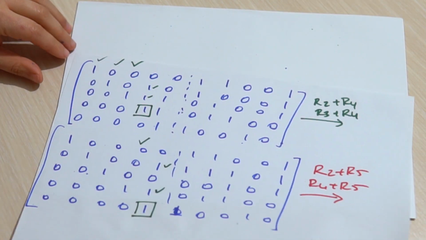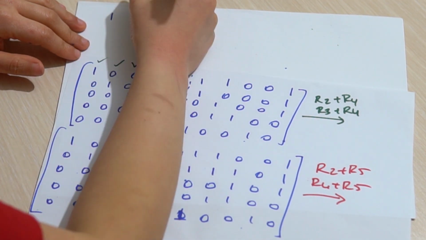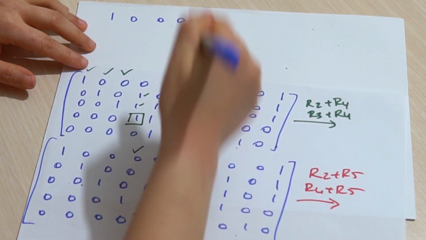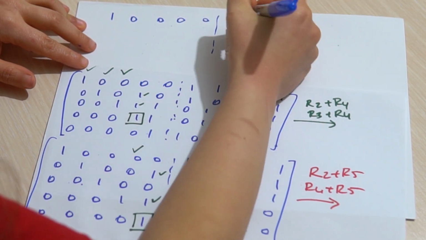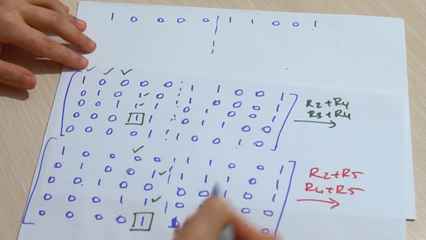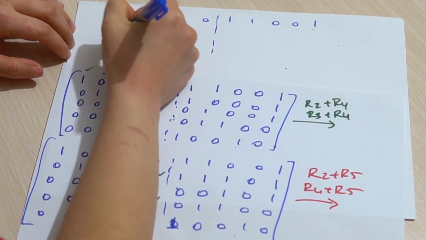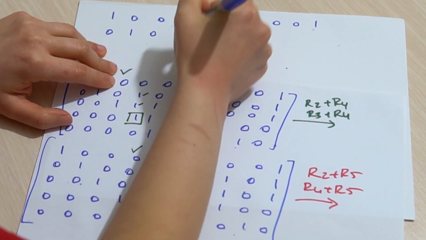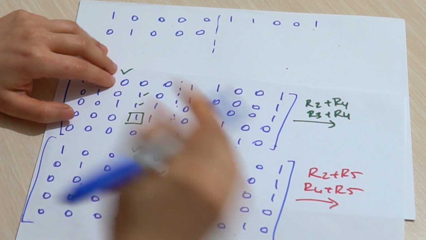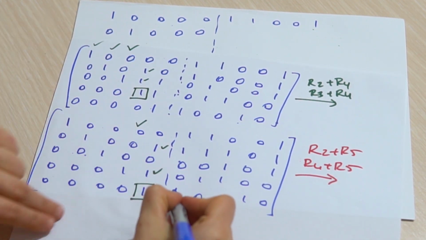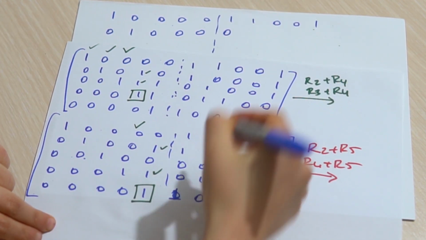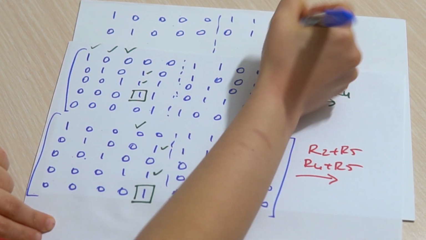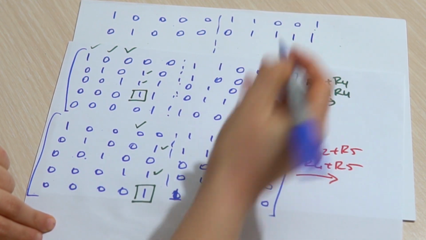Then I will have, again, we didn't change anything in row 1. One, 0, 1, 0, 0, 0. This will become like this. Then I will have 1 plus 1, 0, 0 plus 1 is 1, 0 plus 1 is 1, 1 plus 0 is 1, 1 plus 0 is 1.